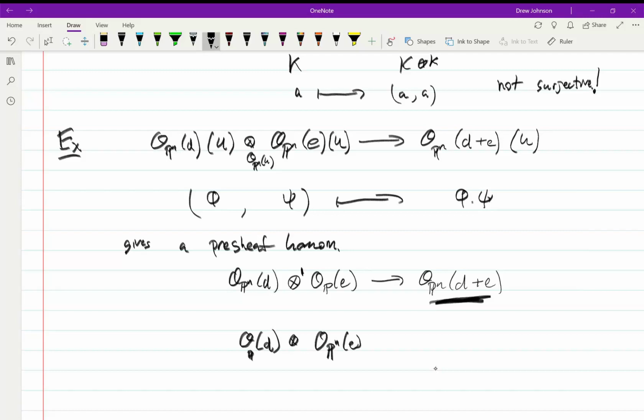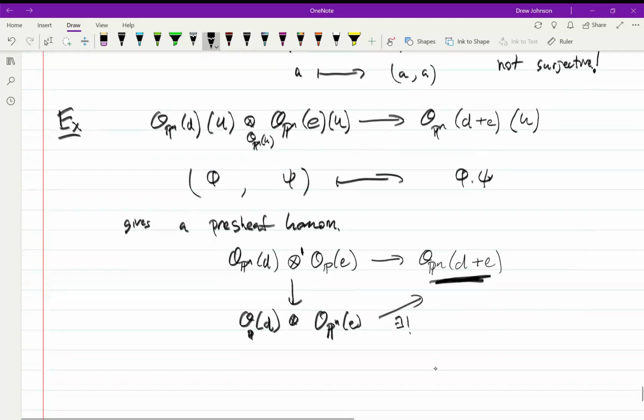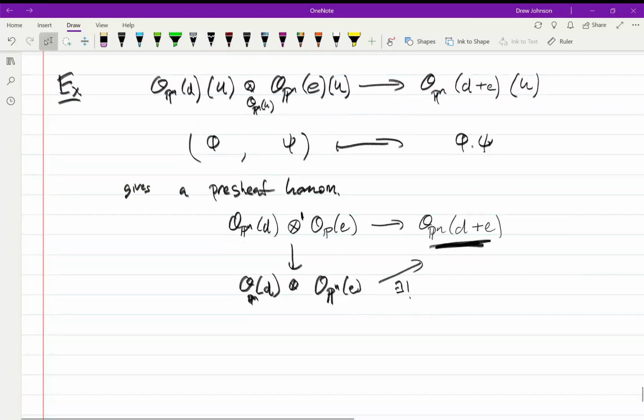So there exists a unique map here that makes this diagram commute. So we have a map from O_{P^n}(d) tensor O_{P^n}(e) into O_{P^n}(d+e). In fact, this is an isomorphism.